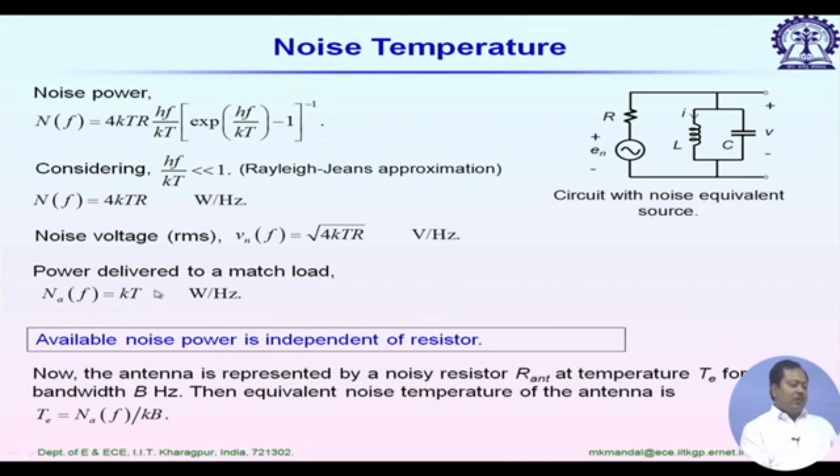So, an important conclusion is that the available noise power is independent of the resistor. And noise power we can also express in terms of some equivalent temperature. In that case, that equivalent noise temperature Te for a bandwidth B hertz, we can express as T equal to Na by kB.